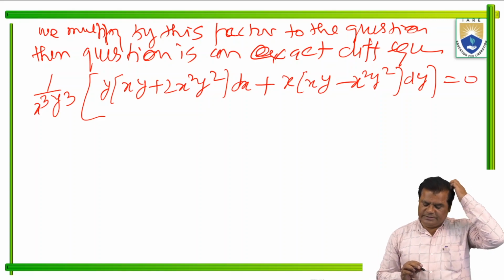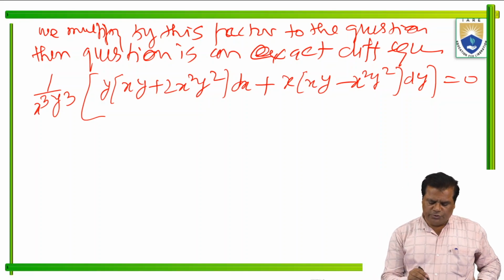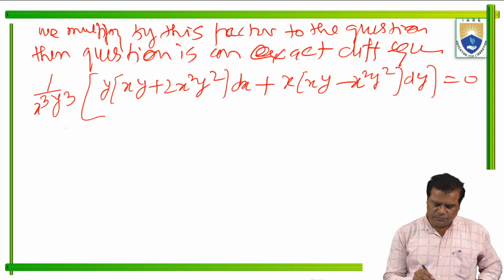So multiply by this here. Each term we are factorizing.